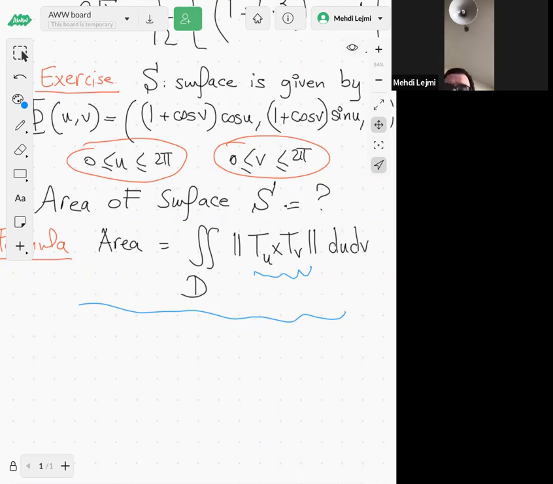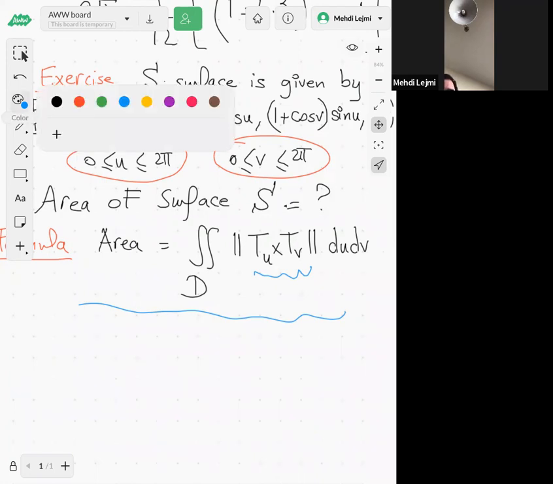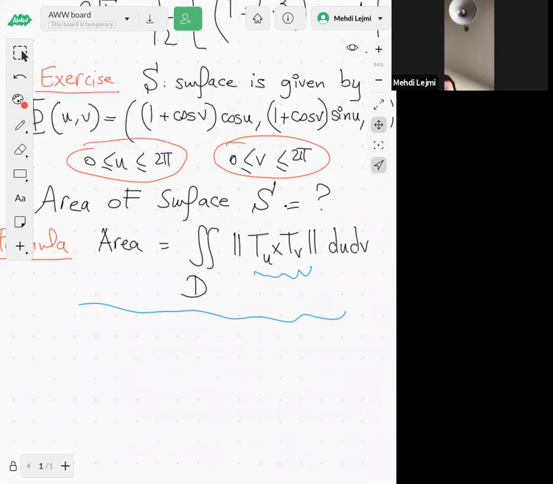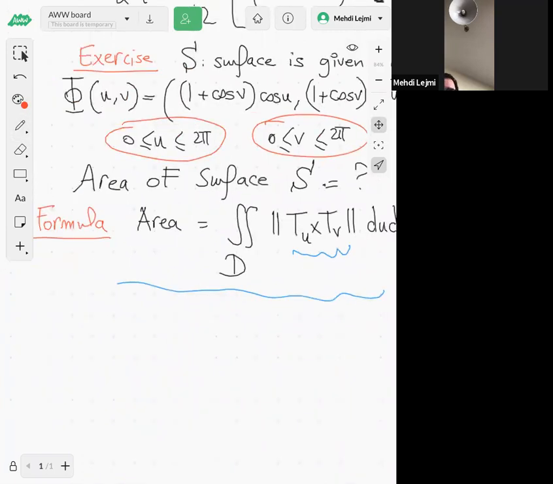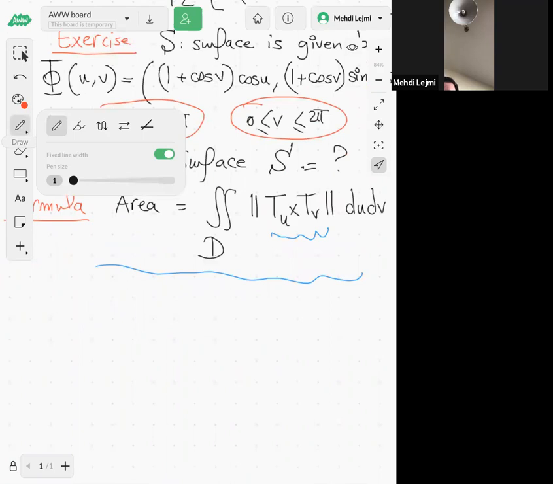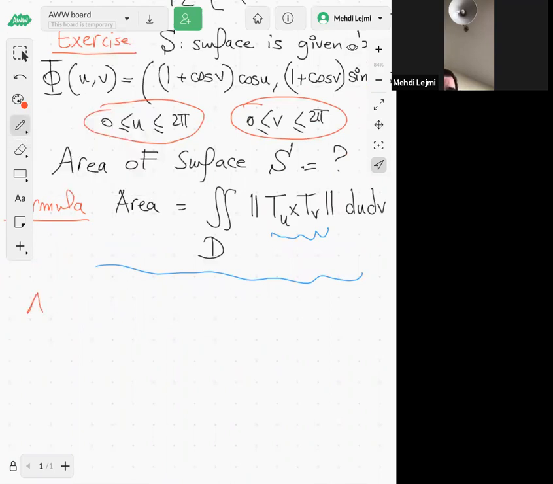You have to compute derivatives, then you have to compute the cross product. You have to simplify your cross product. Again, I won't do the derivatives etc. because it's a long computation.